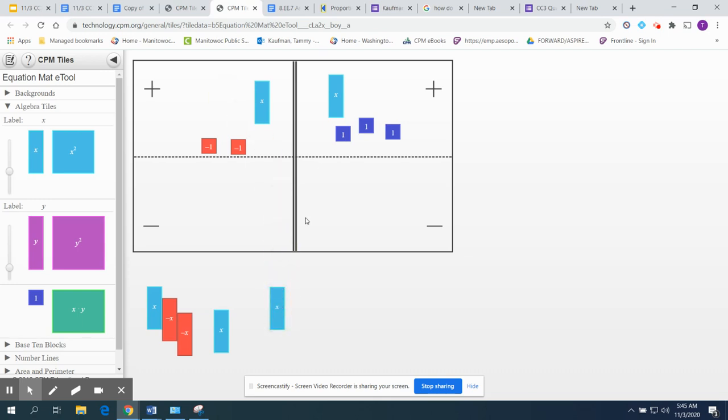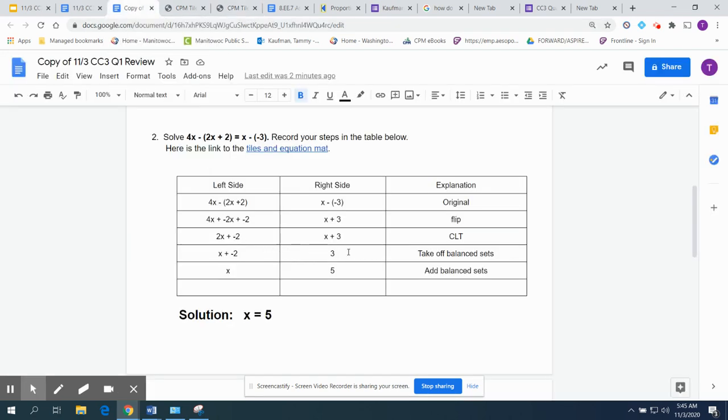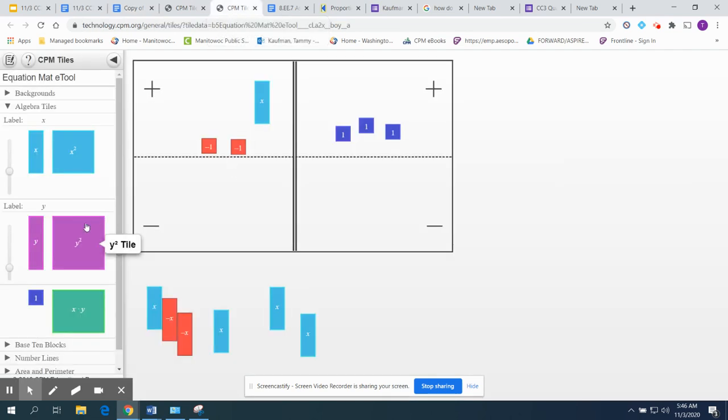Now I'll take off my balanced sets. So I have x plus negative 2 on the left side and 3 on this side. Now I need to get rid of these. The way to get rid of these is by adding balanced sets. So I'm going to add 2 to this side, add 2 to this side.